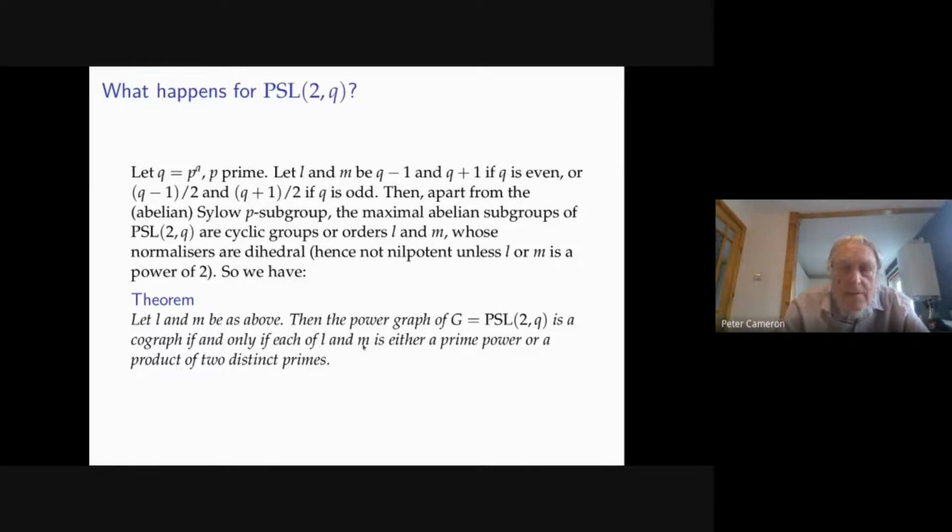So at that point, it turns into a number theory question, right? Because Q is a prime power, and we're defining L and M to be either Q minus 1, Q plus 1, or Q minus 1 over 2, Q plus 1 over 2, and we're asking that each of them is either a prime power or a product of 2 distinct primes.